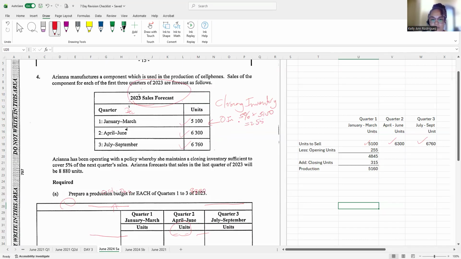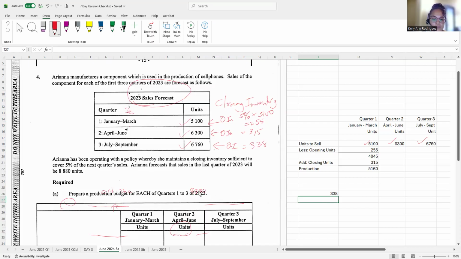Your opening inventory here again will be 5% of 6,300, 0.05 of 6,300, and that is 315. And opening inventory here again will be 5% of 6,760, 0.05 of 6,760 will give you 338.